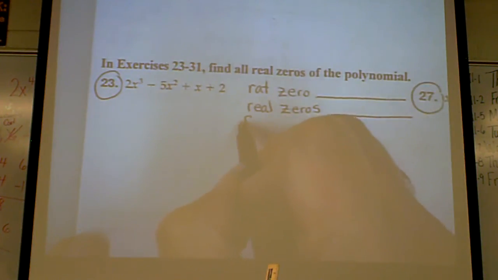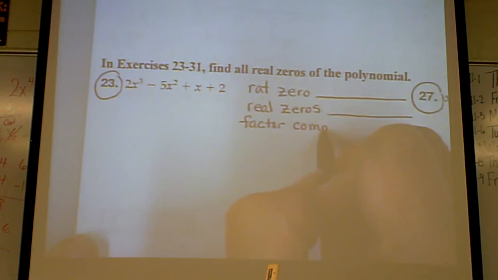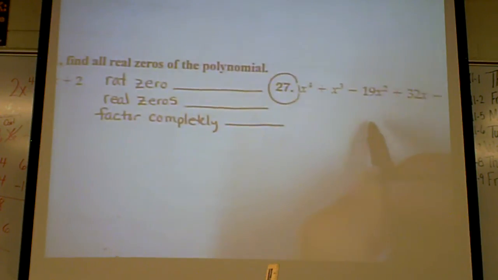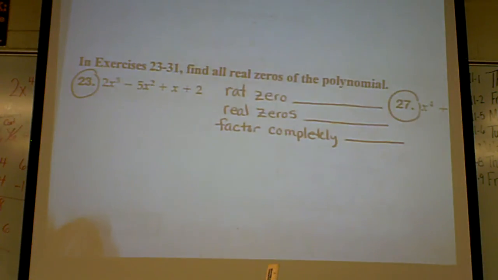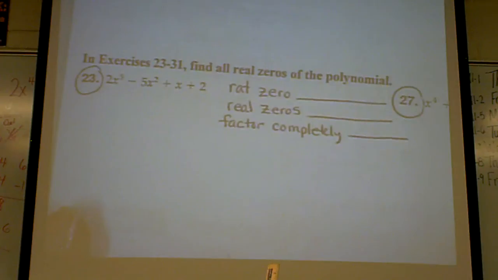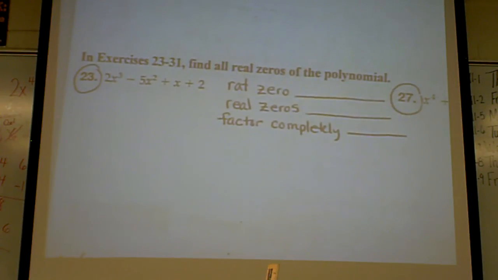And then I want you to factor completely. I want to see your work. If you can do these problems, then I know you know the differences between the three questions. Does everyone understand that? Yes. So you're off the hook for those last three problems.